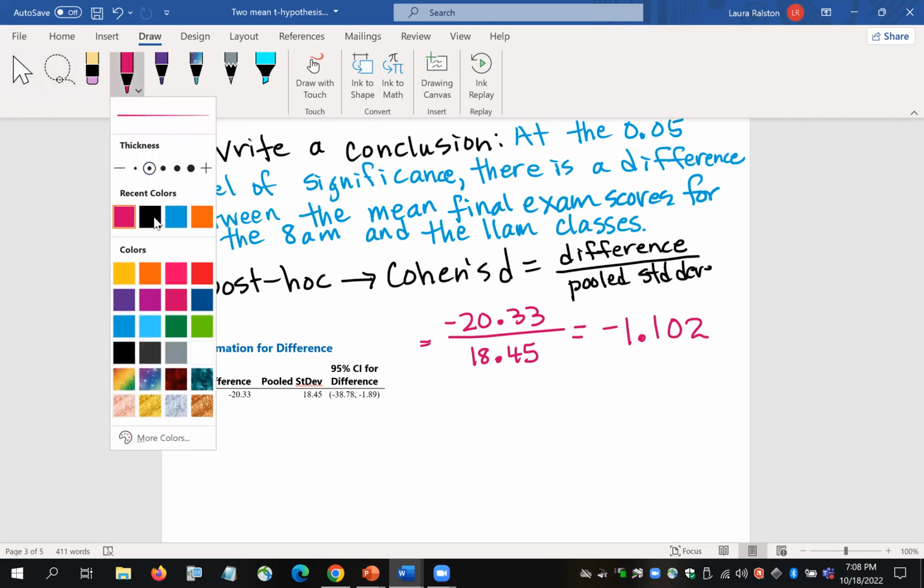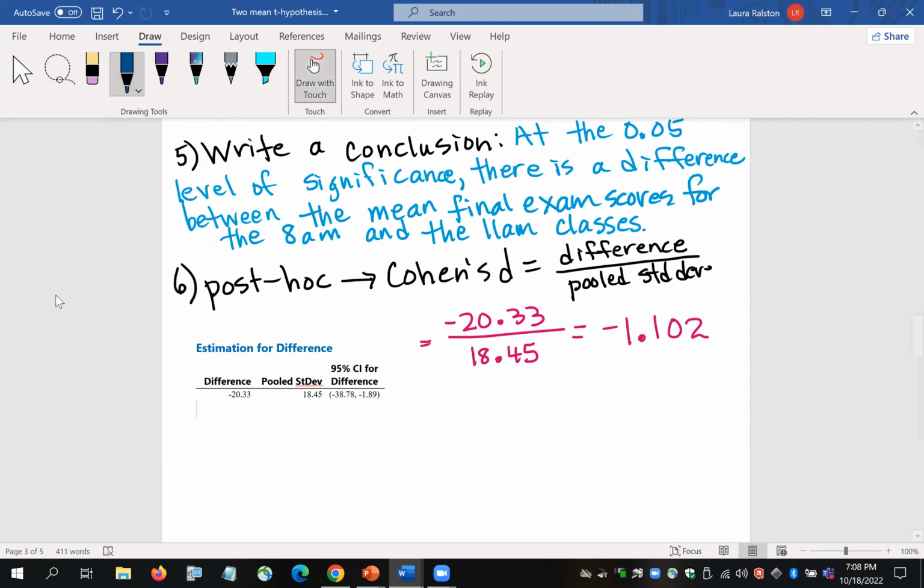Now, guys, you got to be careful here, okay? Then I've got to compare that to the value on the table. Well, negative 1.102 is less than negative 0.8, which was the large effect.